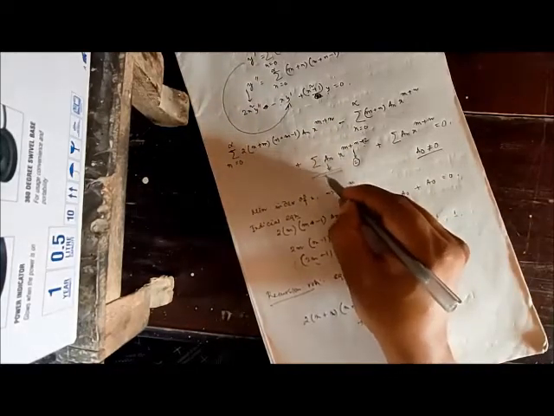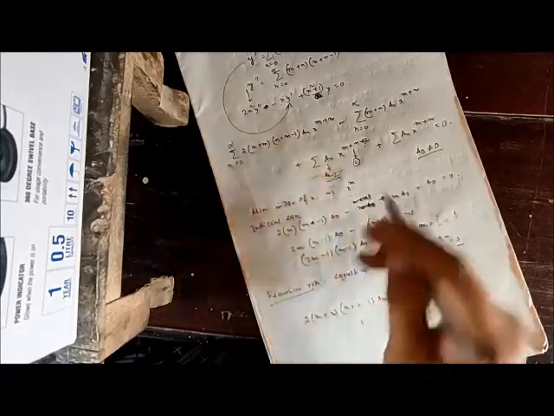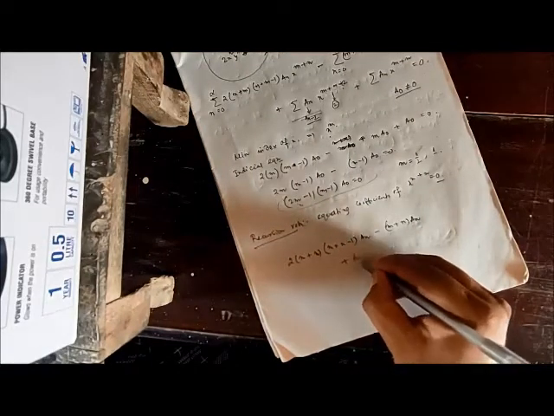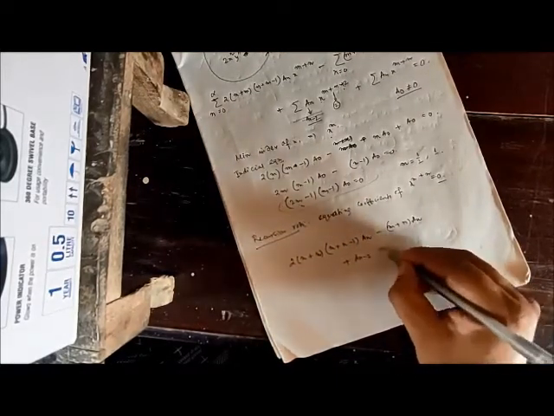So this a_n will be reduced to a_(n minus 2). So this will be plus a_(n minus 2) plus a_n, this will be 0.